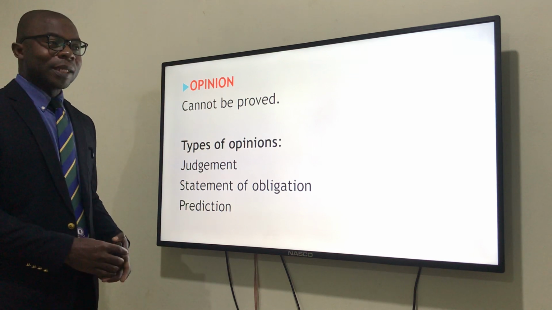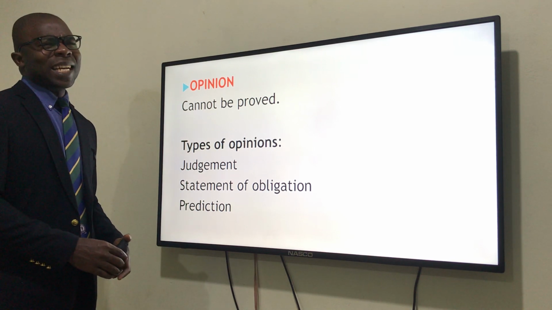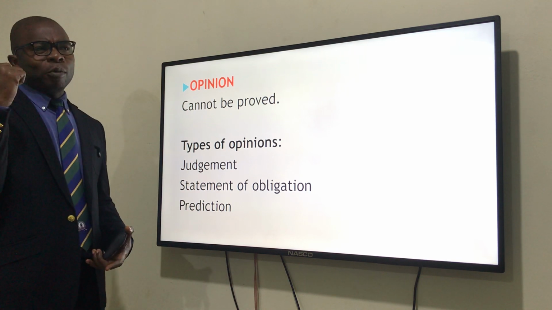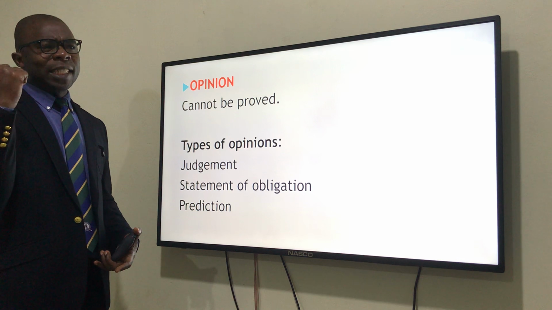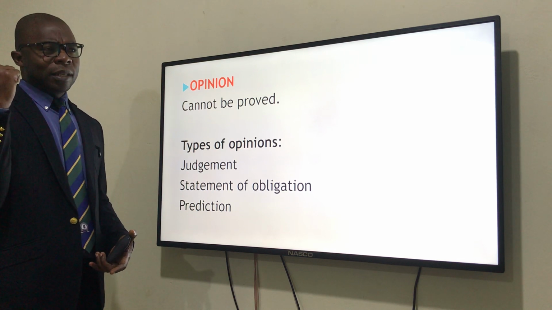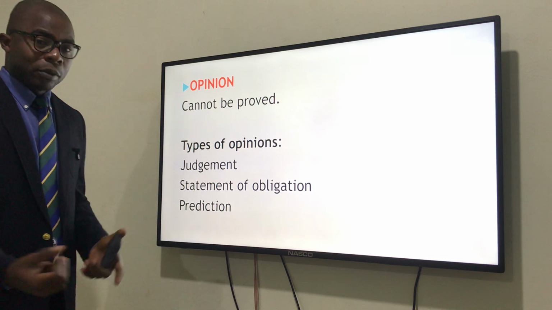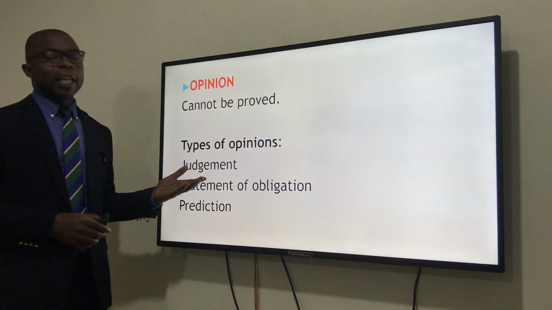Isn't it? So judgment, yeah, somebody can say he acted foolishly, so he has proved it. What about the other side where he acted intelligently, where he has proved it? So one person having both intelligence and foolishness, which is possible. At the end of the day, it is still judgment, which is opinion.